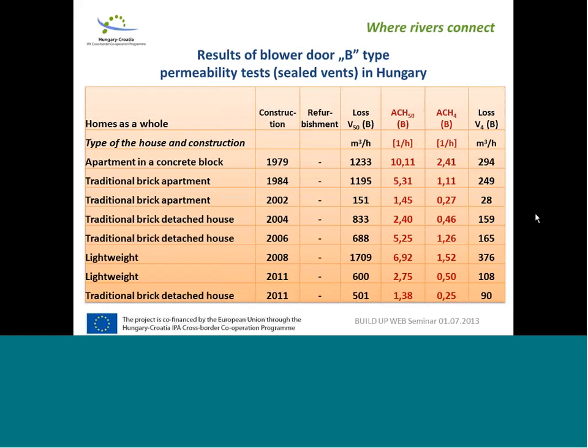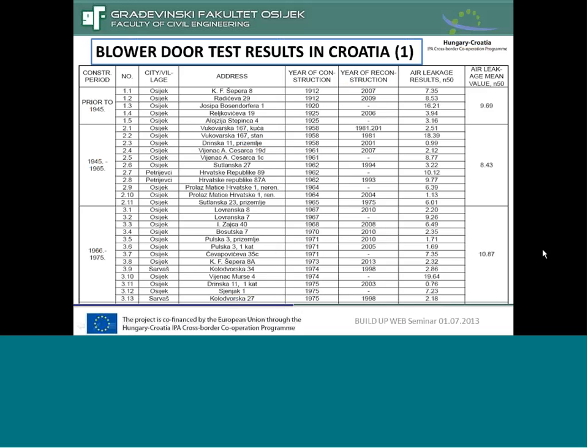This is another table from the Hungarian side when we performed the B-type test, the air permeability test with sealed vents, and of course the air change rates are much lower than before.